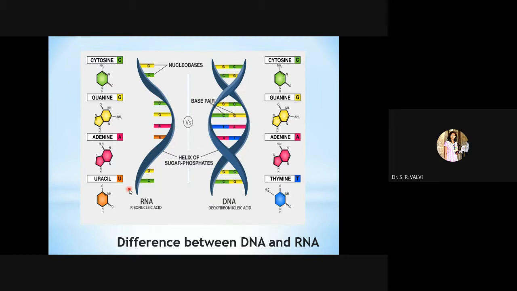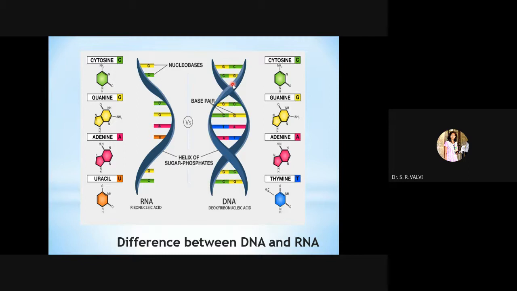In a simple sentence, I can say RNA has only one strand, whereas DNA has a double strand. Any word you can use: two backbones or one backbone, two strands or one strand.